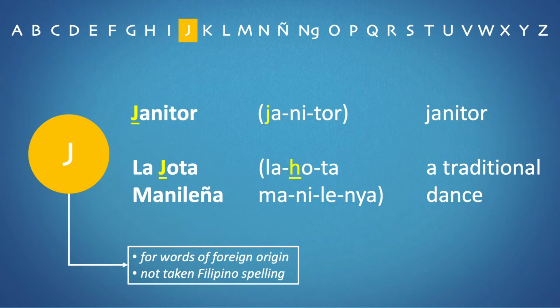Letter J. The letter J can be pronounced like a J in English or with an H sound. For example, janitor, which is a loan word from English. Or La Jota Manilena, which is a Tagalog traditional dance.